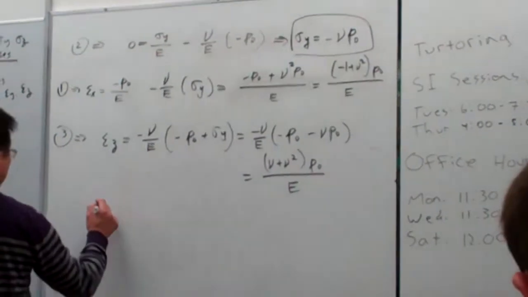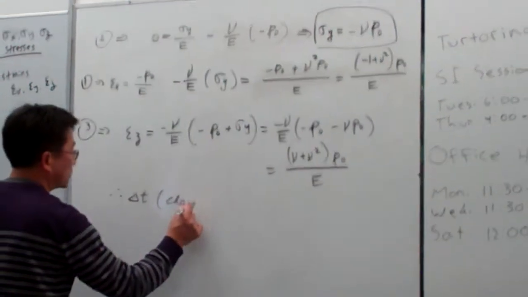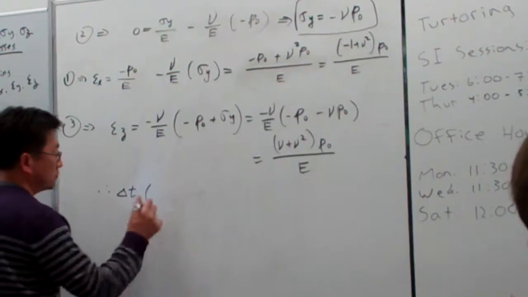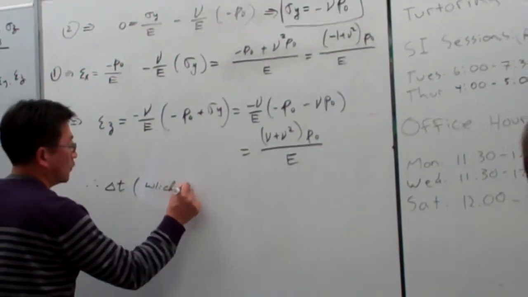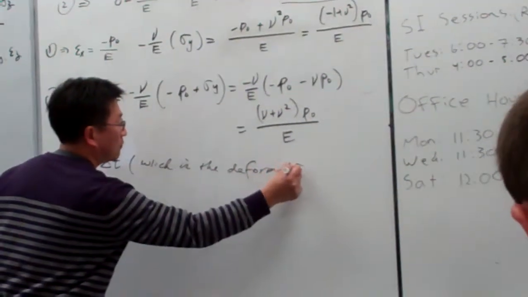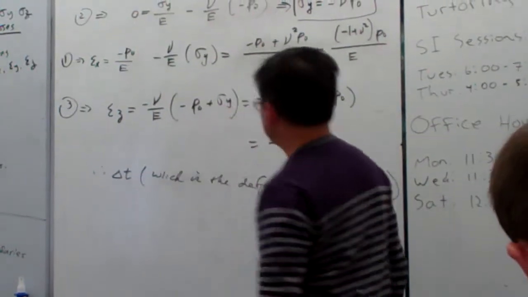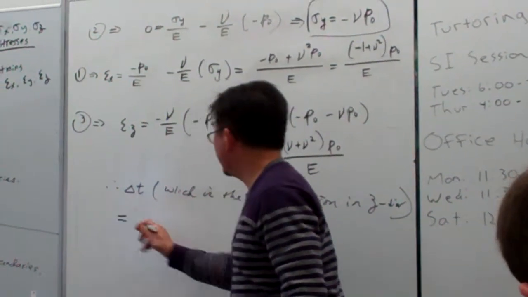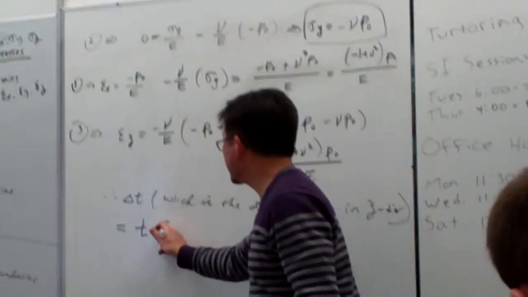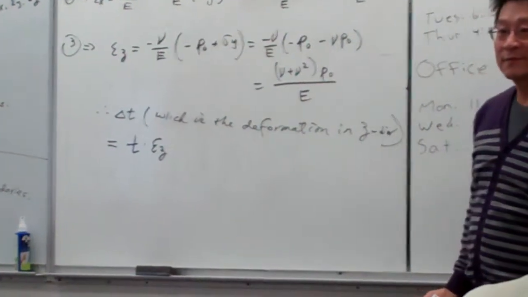Now we want to calculate delta T. The delta T is the change, which is the deformation in the z direction. Basically, the deformation in the z direction means the dimension in the z direction multiplied with the strain in the z direction. So we simply multiply them together.